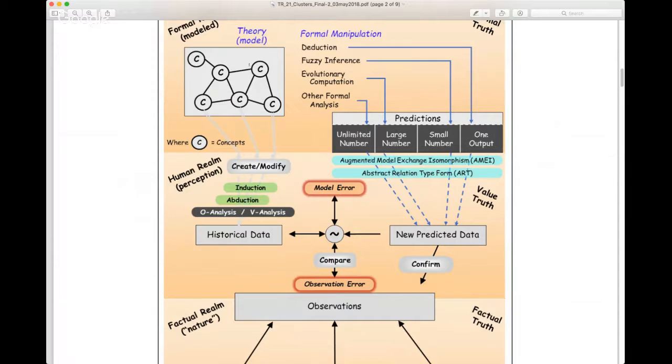But when you come from the formal realm back into the human perception realm, again, we're transitioning from an area which is formally true into an area where it's not necessarily true.